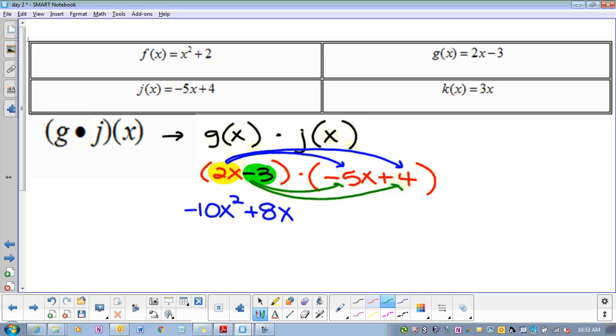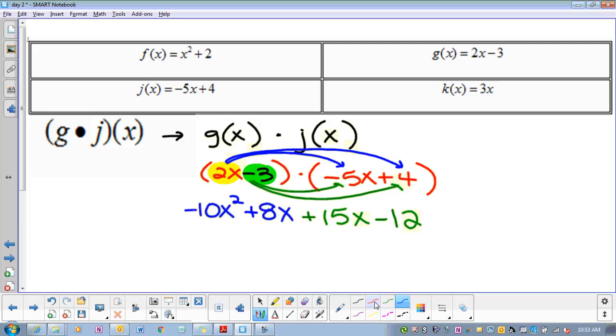Positive 15x. Good. Plus 15x. And then what's a negative 3 times a positive 4? Negative 12, so minus 12. How's that? That's pretty good, right?